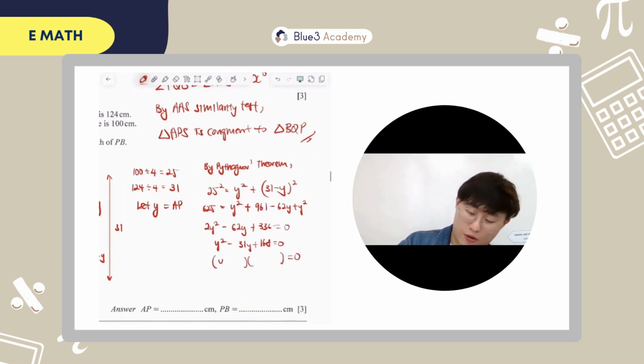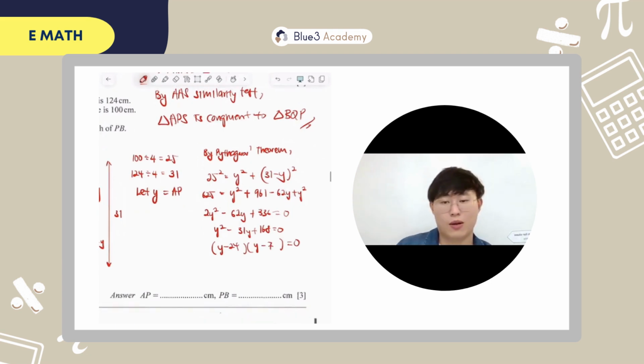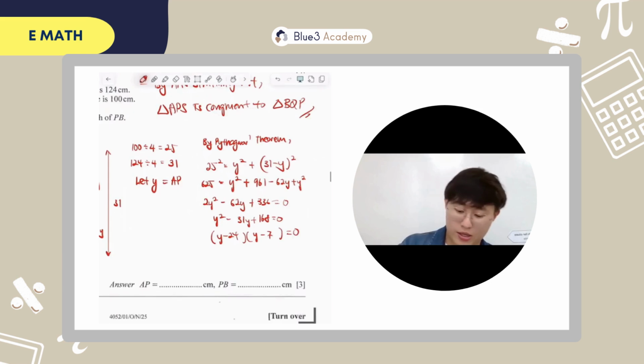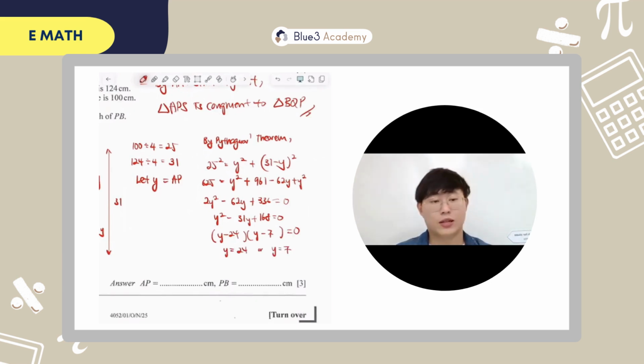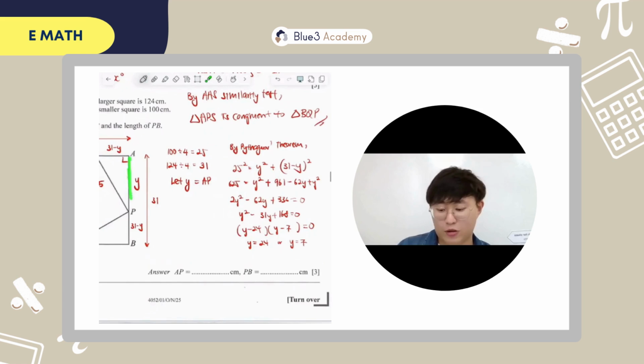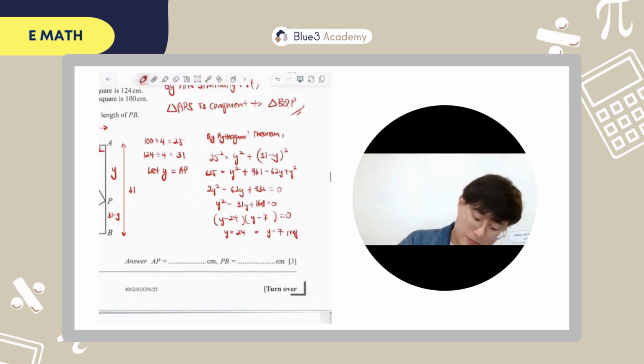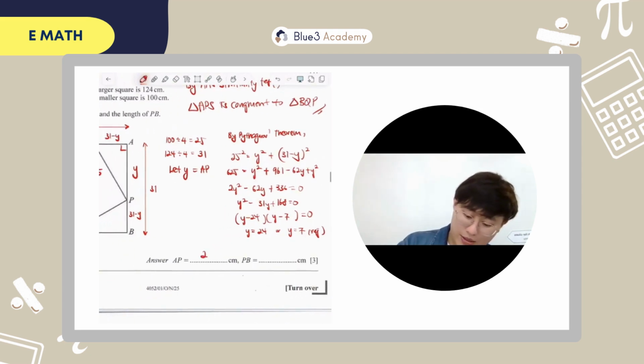You're going to end up with (y minus 7) and (y minus 24). So finally y is equal to 24 or y is equal to 7. But we know that y here is the longer side, so I'm going to reject the 7. And then from there I know that this is 24.